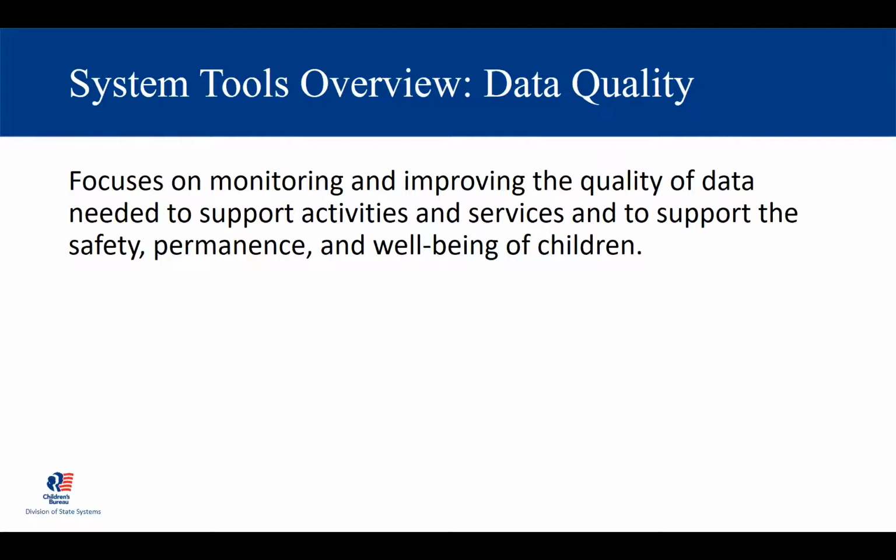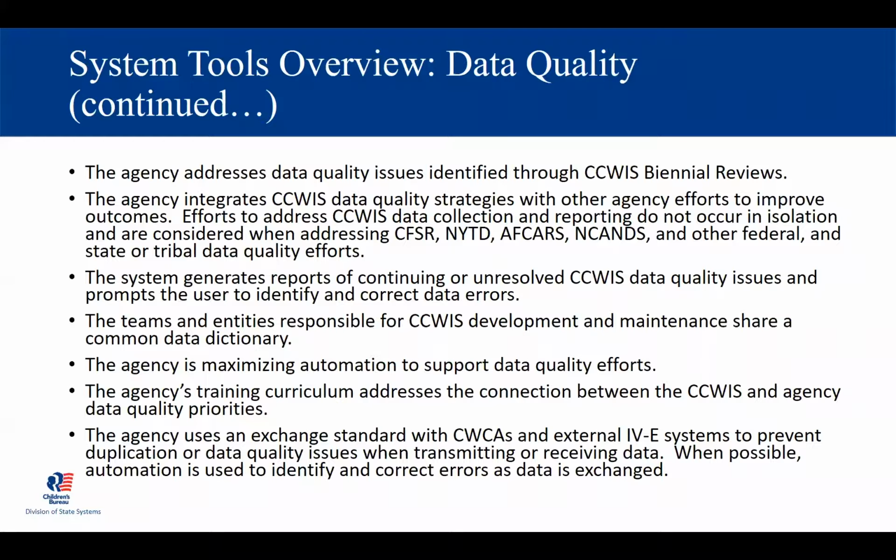Another area is automation. How is the agency maximizing automation to support data quality? How does the CCWIS support the resolution of data quality issues through prompts, reporting, triggers? And one area we added to the tool, and you'll see in several tools, is data dictionary.